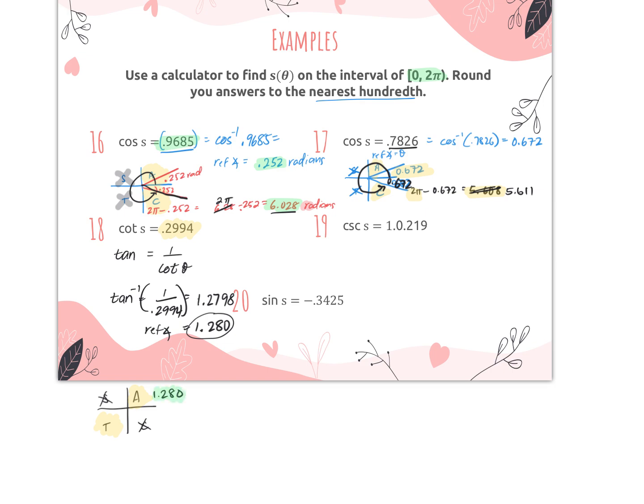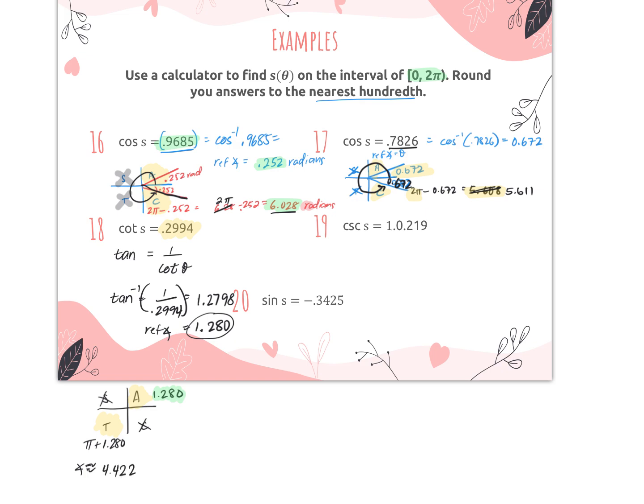And the second one is going to be in quadrant 3, and it's going to be pi plus 1.280 radians. And again, I'm going to use pi and actually add it to that, 1.280. And I'm going to get the angle is approximately 4.422.